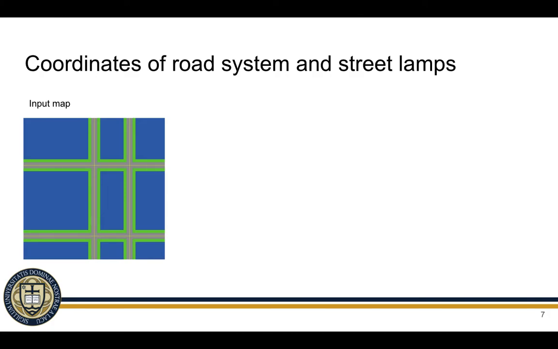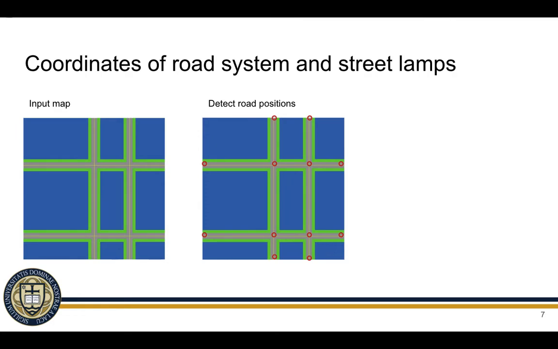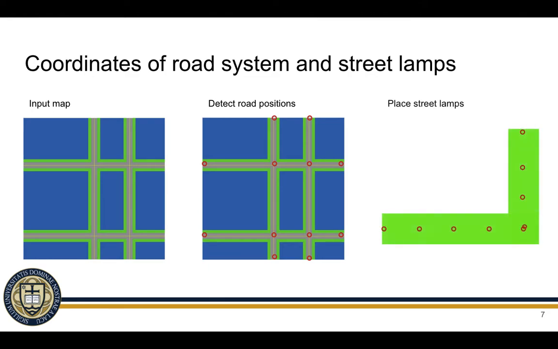Then, the starting and ending points of rows will be extracted and intersection coordinates will be calculated. For street lamps, we will place them along the side of rows with a fixed distance, and if two lamps are too close to each other, we'll arbitrarily remove one.